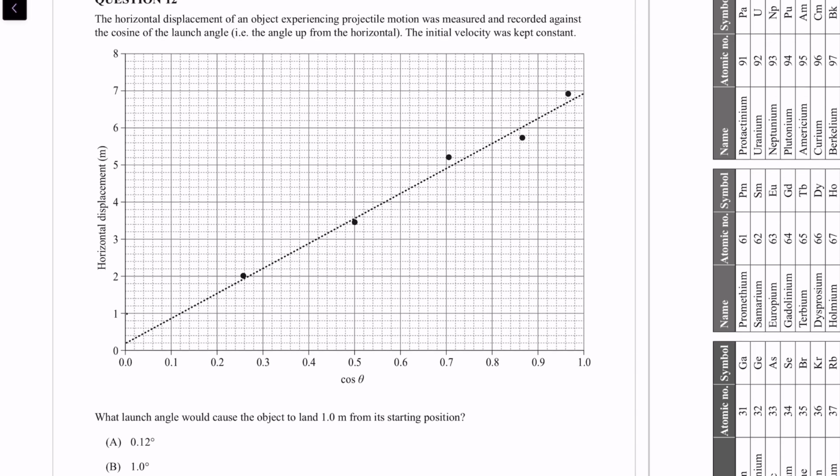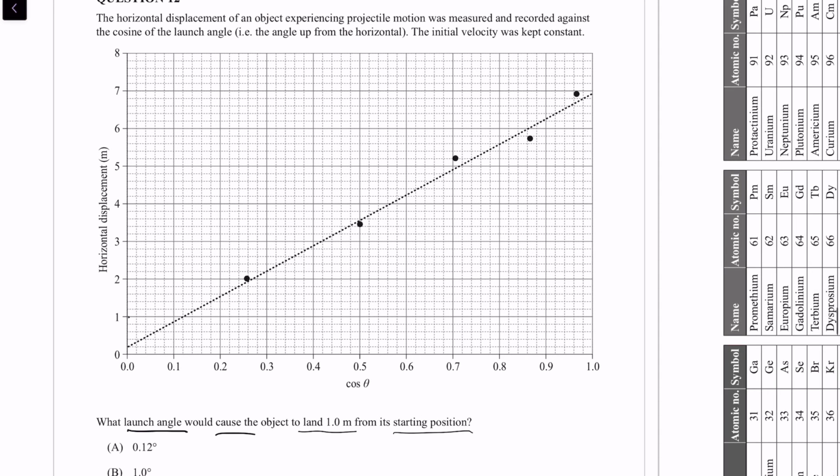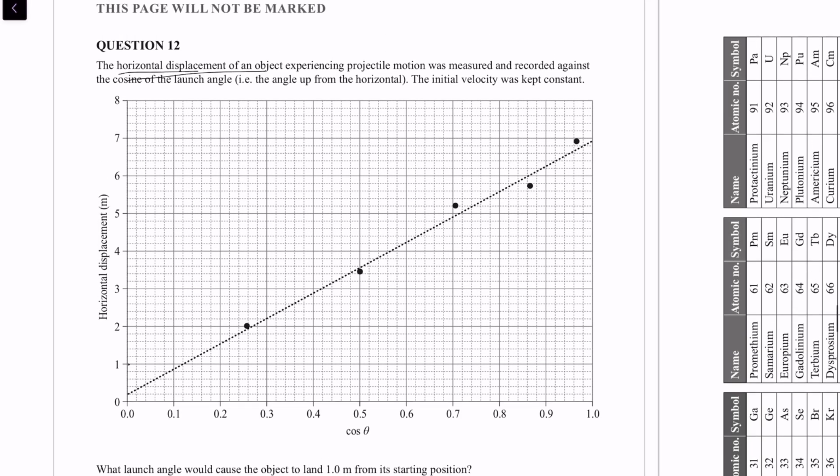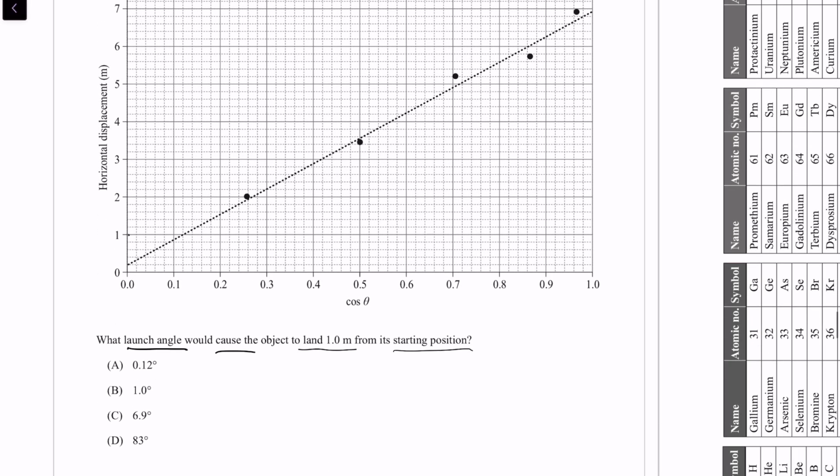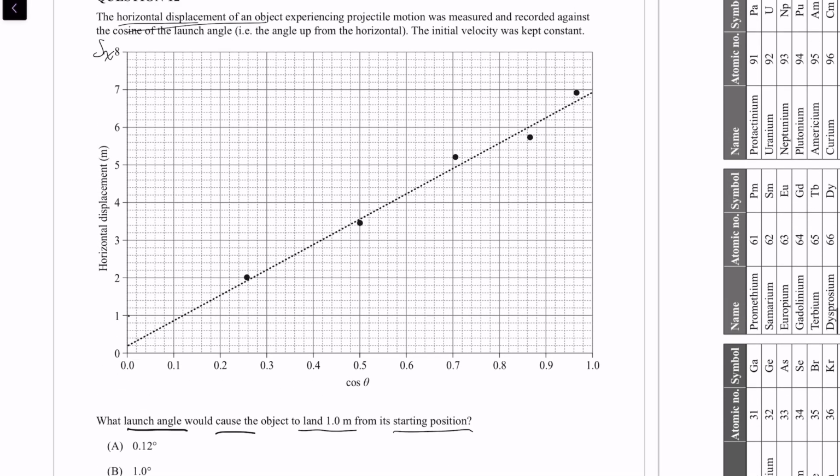So what launch angle would cause the object to land 1 meter from its starting point? Well, 1 meter from its starting point is just horizontal displacement, which is what this question is all about up here, so Sx is equal to 1 meter, which is this value right here.